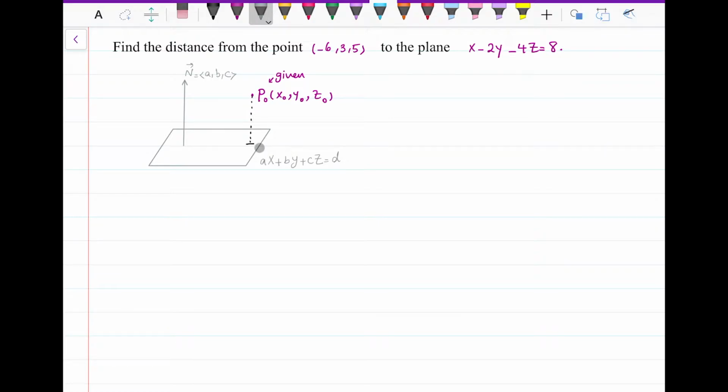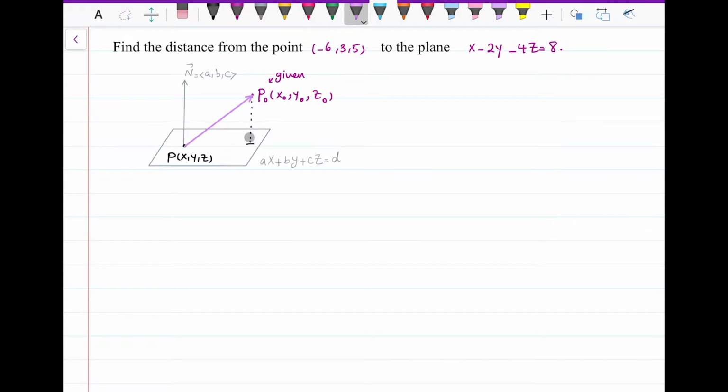To find the distance, I'm going to pick a general point on the plane. Let me call it P with the coordinates x, y, and z. This point P is one of the points in the plane. And then I look at the vector PP0. So I have a point on the plane and the given point outside of the plane, and I'm looking for the distance here.